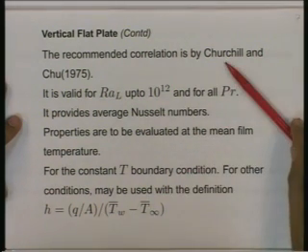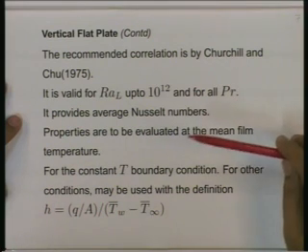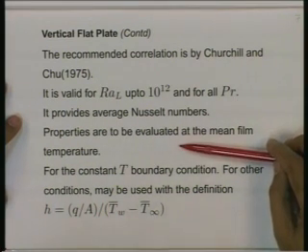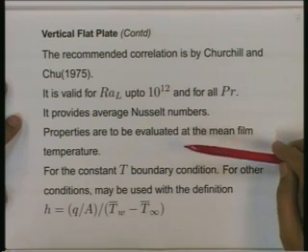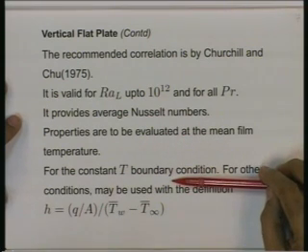And this correlation is essentially applicable, or derived, using data on constant temperature boundary condition. So, it is assumed that the surface is at some uniform temperature Tw. The heat flux may vary, the local heat transfer coefficient may vary, but the local surface temperature is at a unique uniform value.